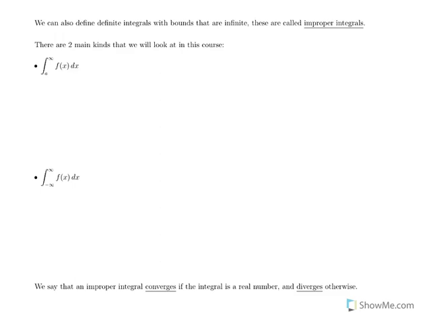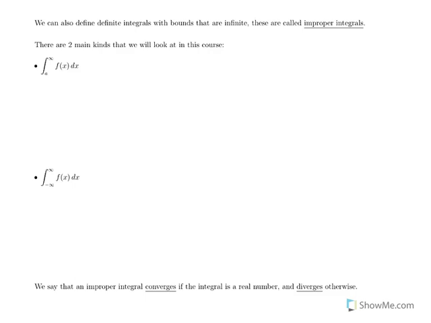So there's two kinds of integrals we're going to look at. It's called improper because the bounds are going to include infinity. There's other kinds of improper integrals, but this is what we're going to focus on. You could either have one of the bounds be infinite, so something like a number to infinity, or it could be both bounds infinite.